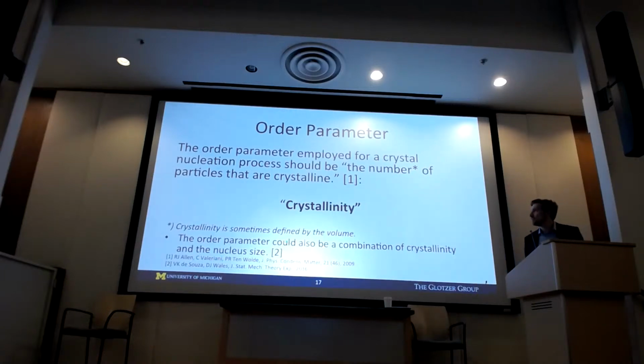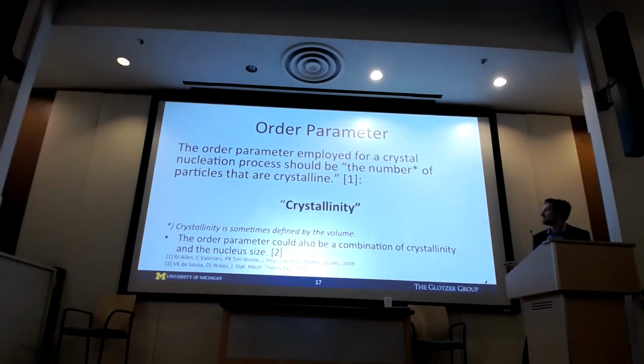The order parameter that we usually use when it comes to crystallization is crystallinity. I found this nice quote from a paper by Alan and coworkers who said the order parameter employed for a crystal nucleation process should be the number of particles that are crystalline.